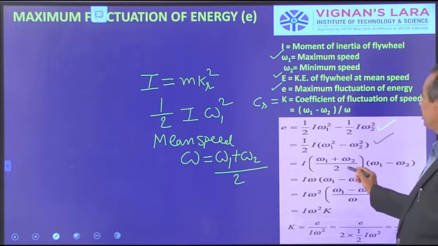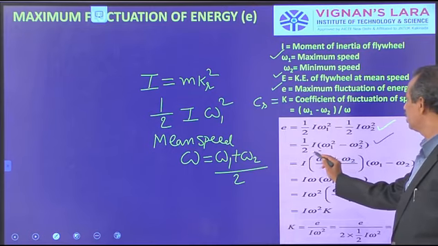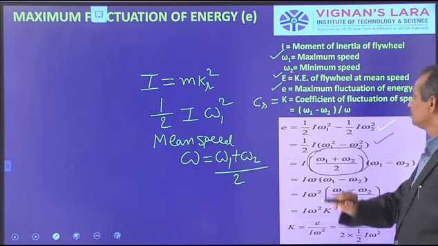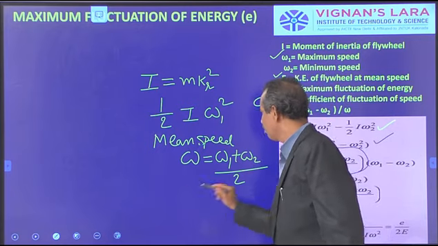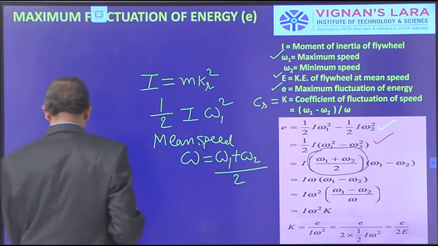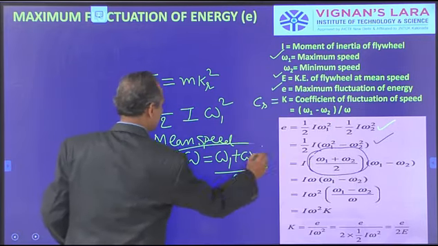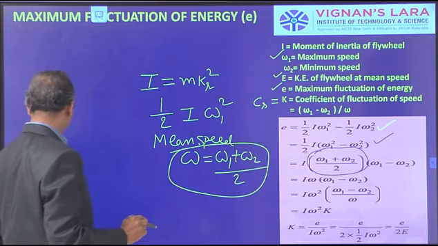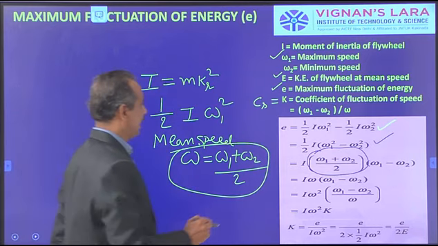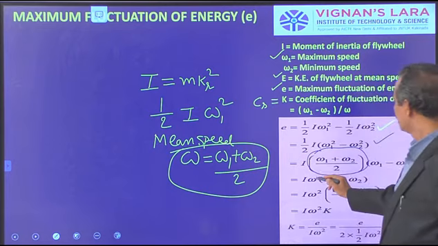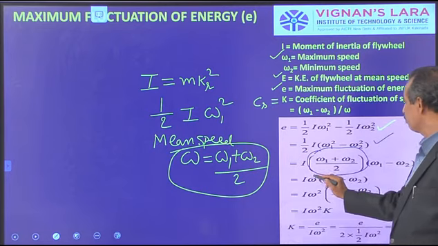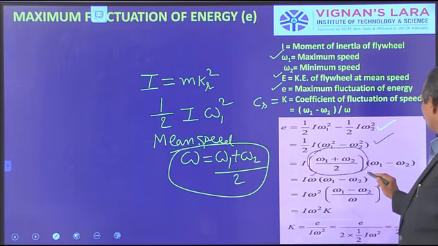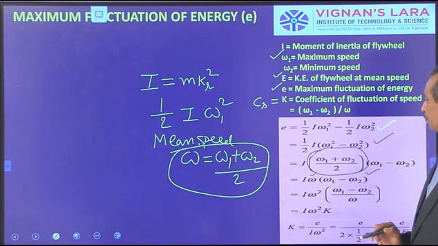What we defined as omega 1 plus omega 2 by 2 is omega. So I replace it with omega, and then we have omega 1 minus omega 2.